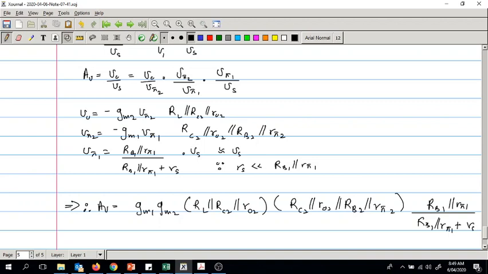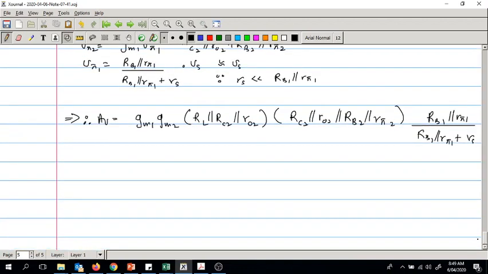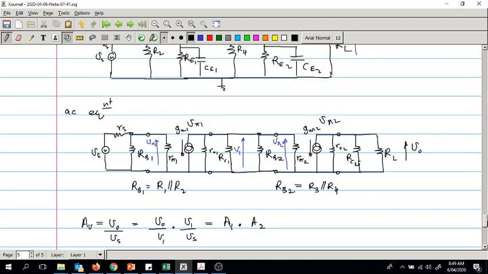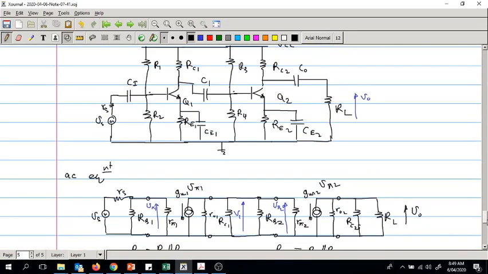Here we have a little problem to be discussed. This is actually our gain, but we can use the maximum power transfer theorem here. There are two stages: an output stage and an input stage, separated at this point.